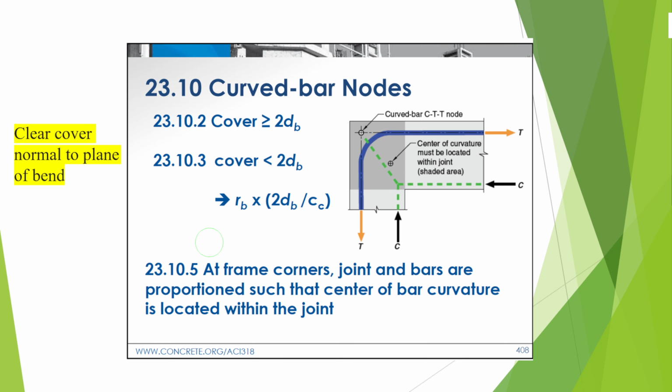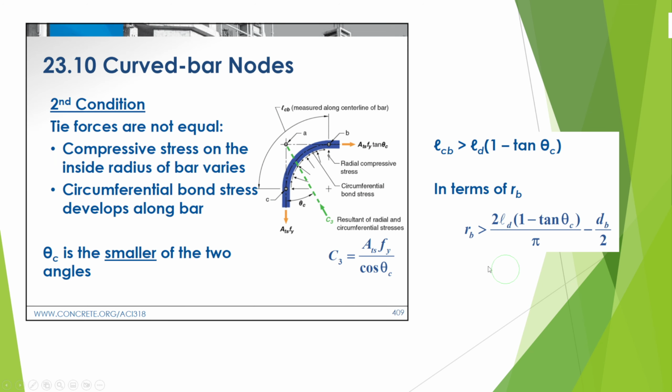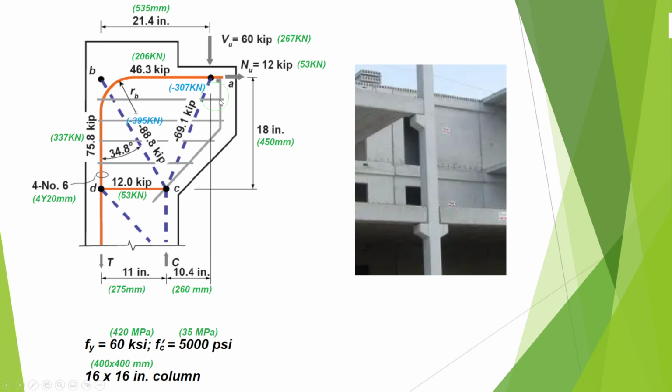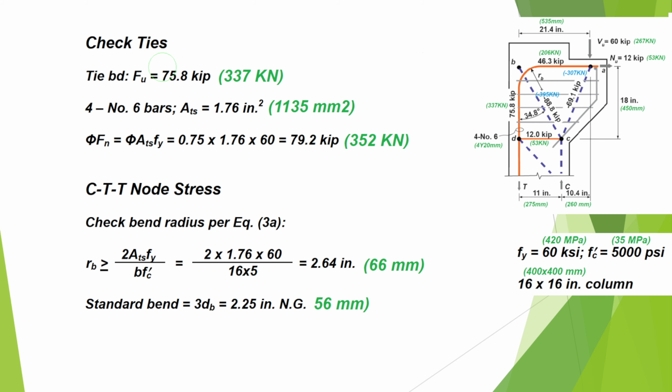For step number 2, we will calculate using this. By the way, we have to use this. Why? Because already the force here is 46 kip and here is 75 kip. So already they are different. But for comparison purposes, we need to calculate using different equations to see how much the difference between them.